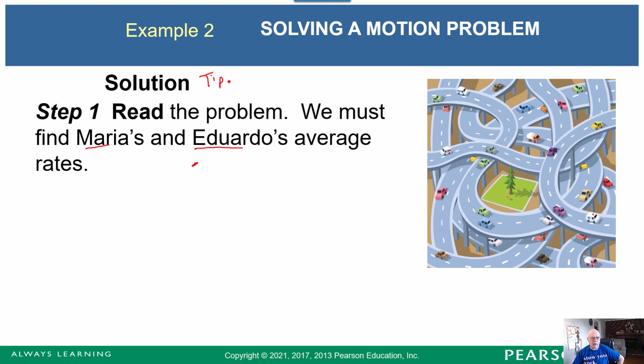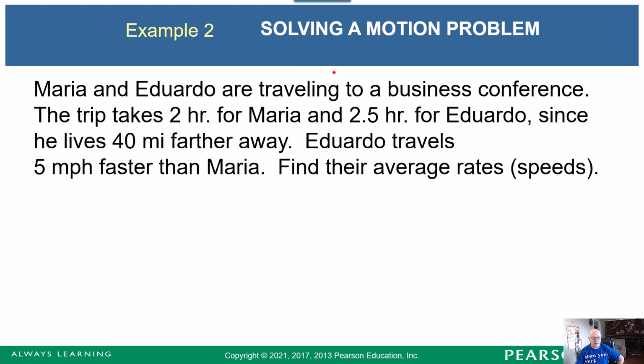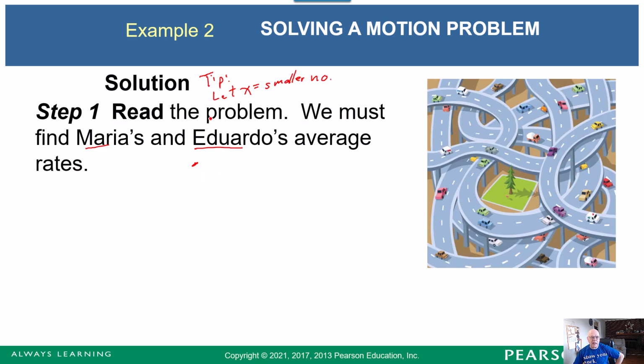Tip: let X or Y or Z, whatever it is, equal a smaller number. Now which one is going faster? Well, it says back here that Eduardo was traveling 5 miles per hour faster, so Maria was going slower. So what we're going to do is let X be Maria's speed.